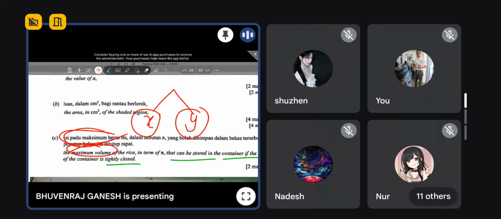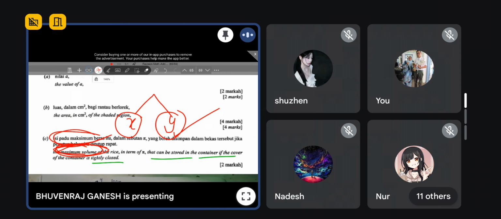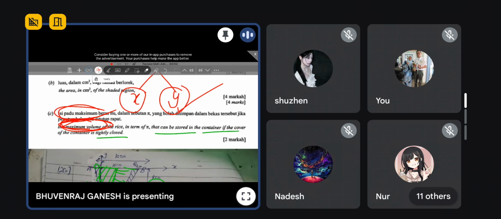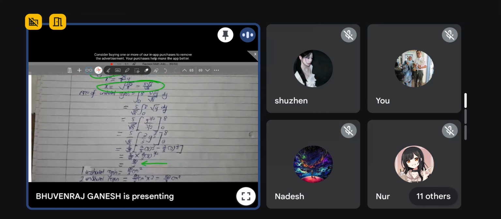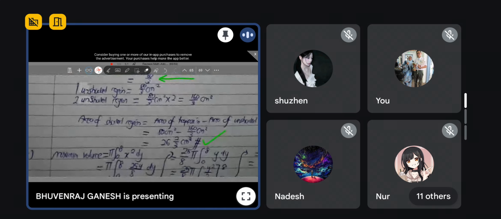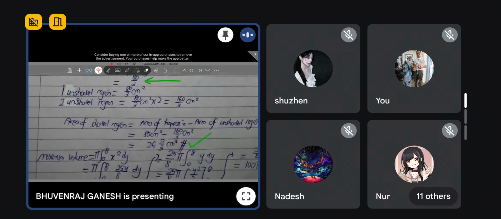Itu adalah jawapan betul, because they tell you maximum volume. So you will get two different answers. Which one has the higher value? That is the correct answer. So that's why if you try, y will be the correct answer. Understand now, guys? This is the concept. Both also can, but you must answer the question: maximum volume. So the one that you integrate towards y will get the higher value.